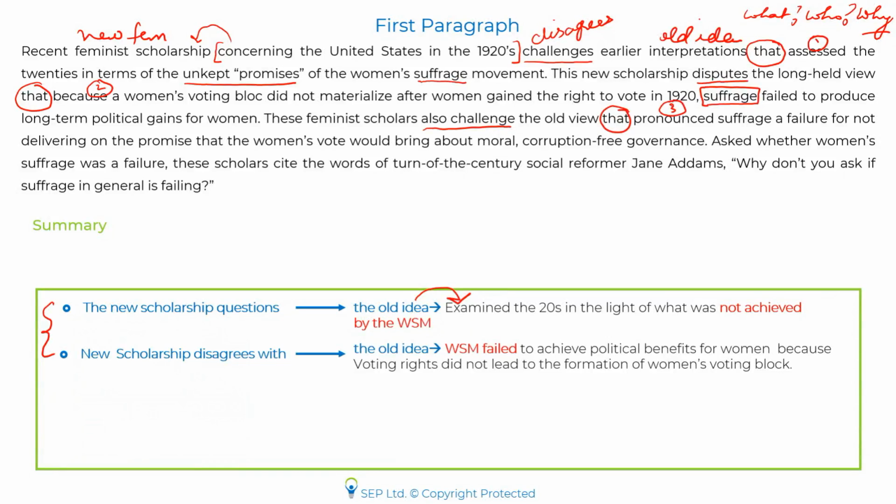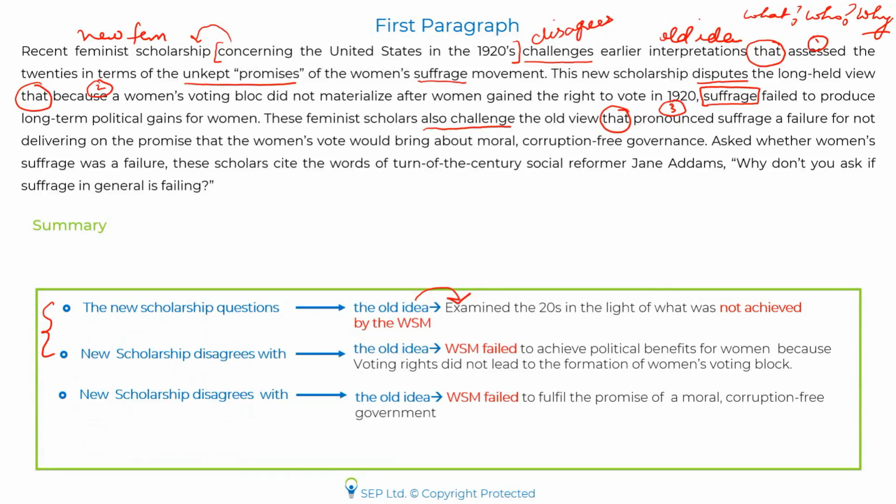This old view pronounced suffrage a failure for not delivering on the promise that the women's vote would bring about moral, corruption-free government. Okay, so the old view thought that suffrage did not remove corruption, suffrage did not bring about moral governments. All right, and again, the new feminist scholarship disagrees with that. So new scholarship disagrees with the old idea.